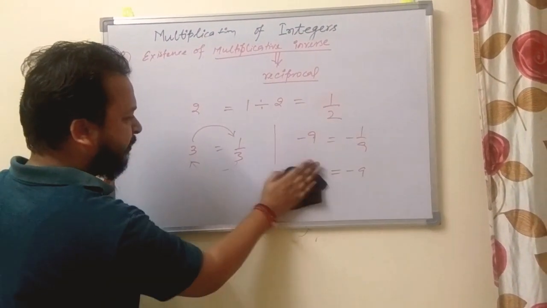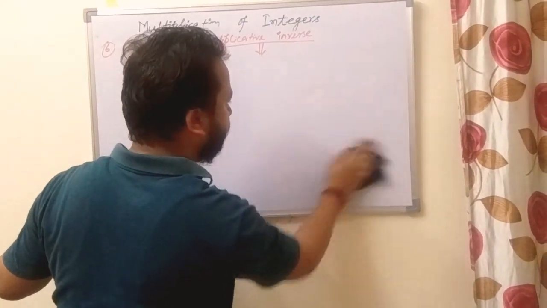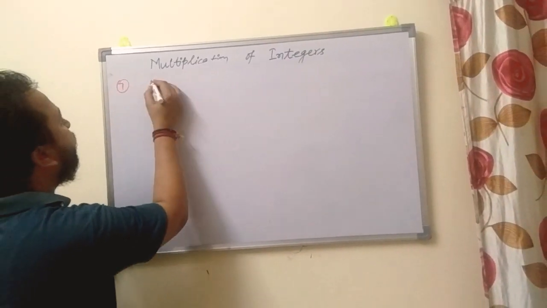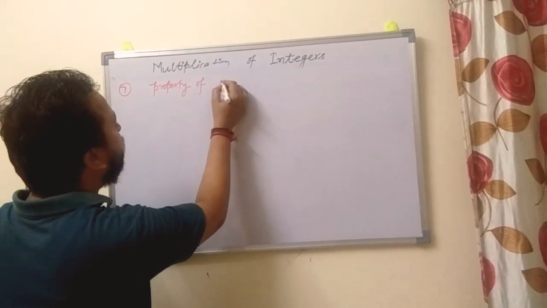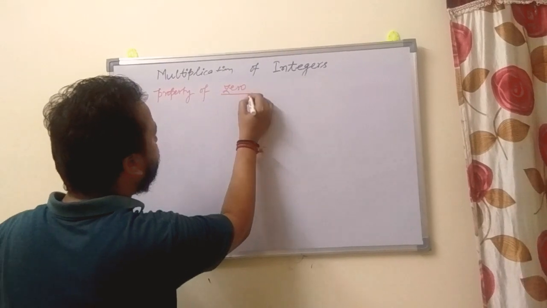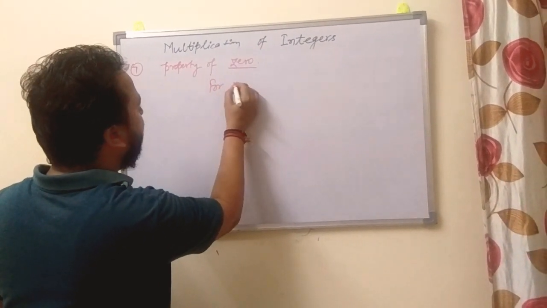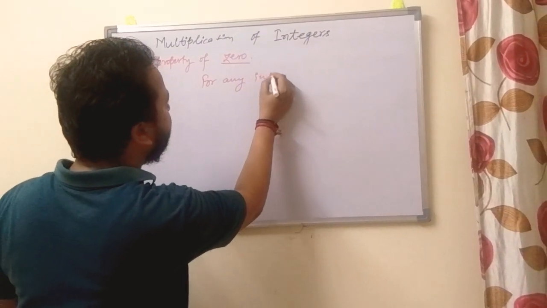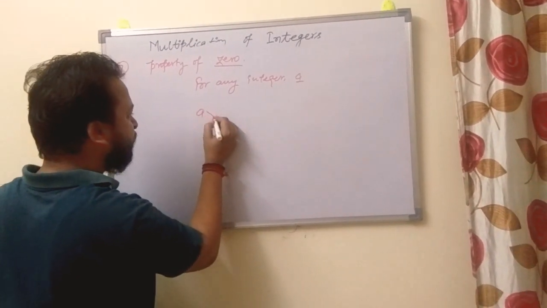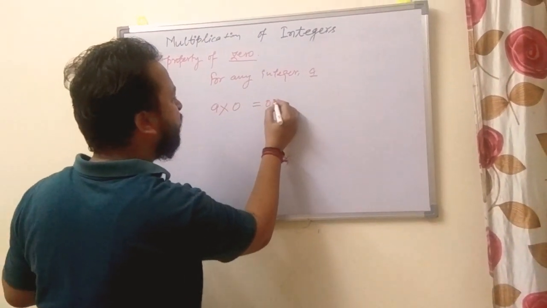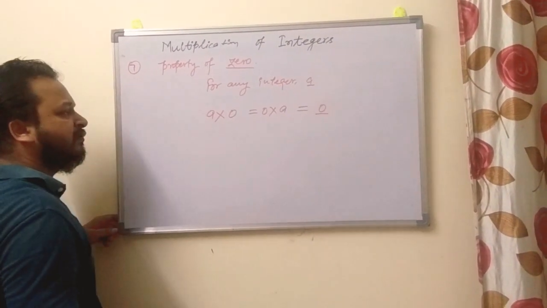So come to the last property, that is the property of 0. Right? So it states that for any integer a, if a is multiplied by 0 or 0 is multiplied by a, that gives always 0.